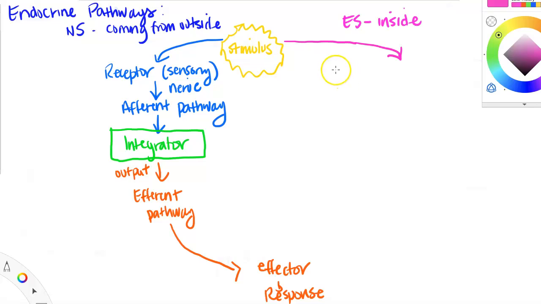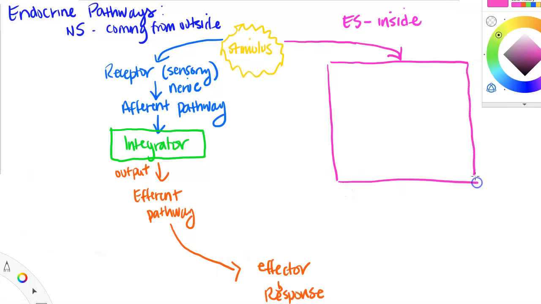Okay, start with a stimulus, and it will be picked up, instead of by a receptor, by a sensor. And the sensor is located in a gland. So a gland like the parathyroid gland or whatever.